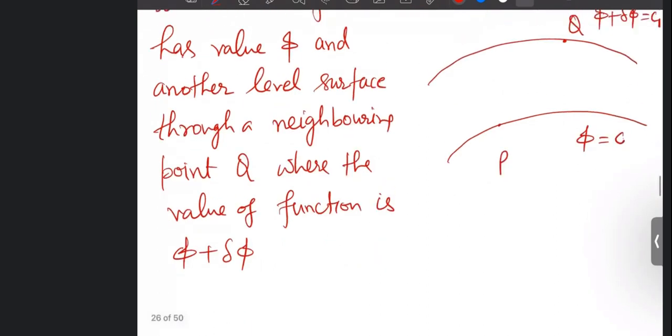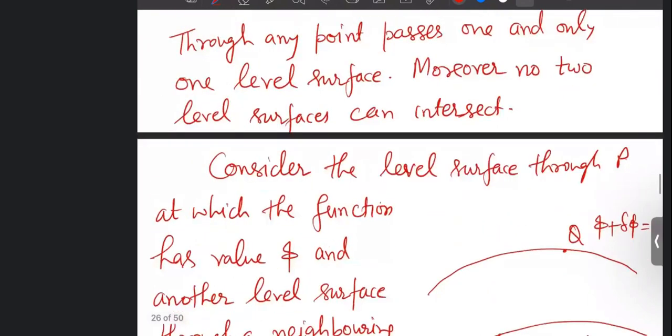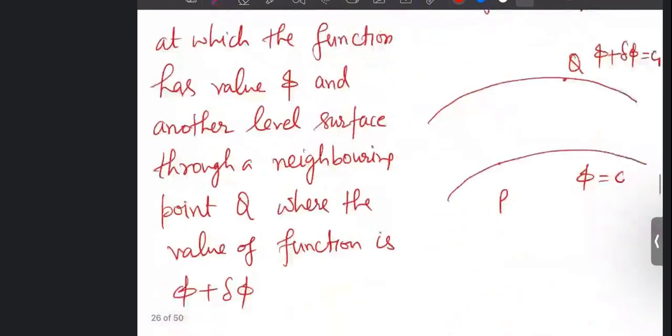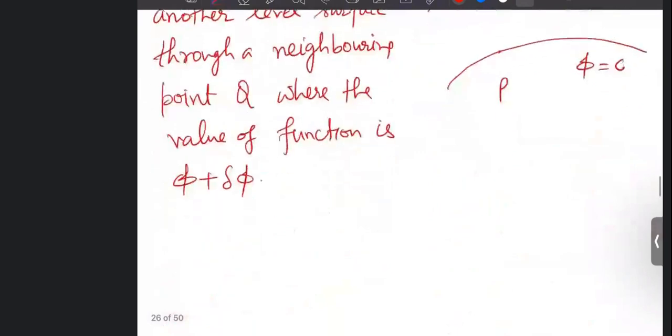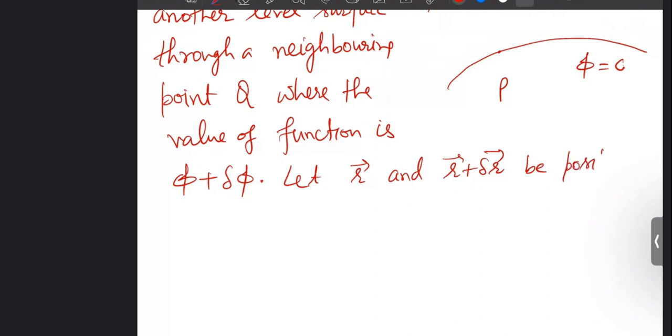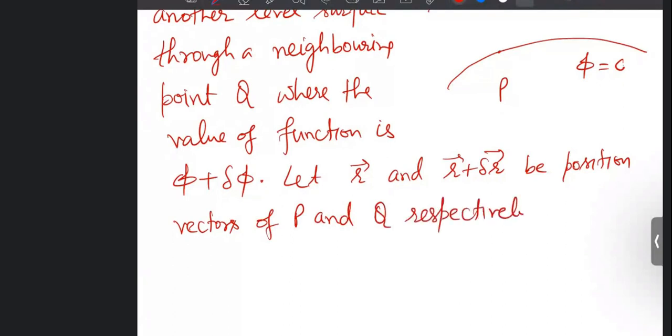We have already considered two level surfaces. Moreover, no two level surfaces can intersect. So let the vector r and r plus delta r be the position vectors of P and Q respectively.